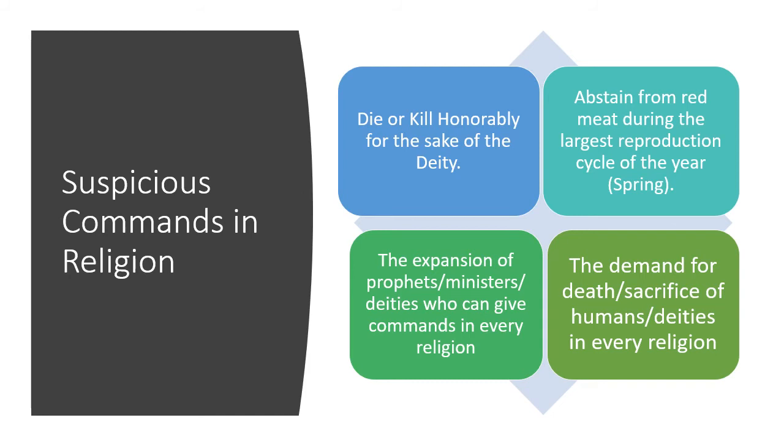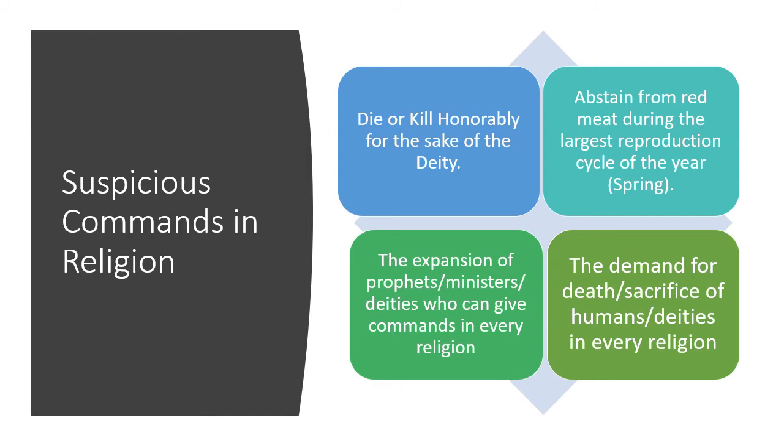Two that I think are interesting and relevant for the time period that we're talking about right now is abstaining from red meat during the largest reproduction cycle of the year. Looking at that, it's not a coincidence that things like Lent fall in the same part of the calendar where animals are trying to reproduce.